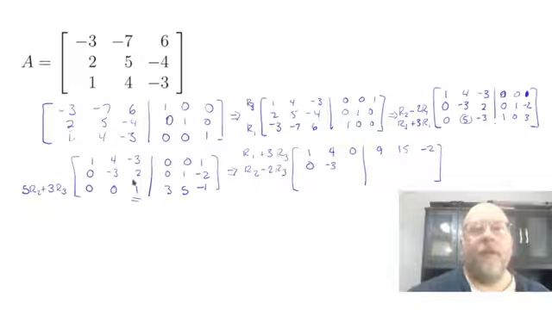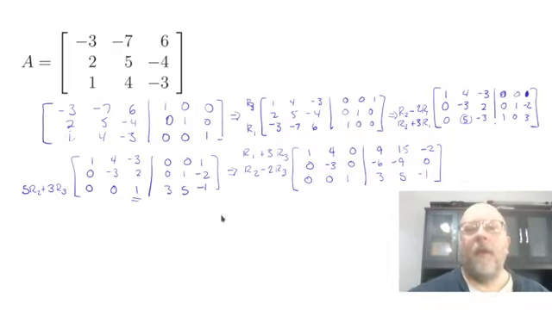Negative 3. 2 plus negative 2 is 0. 0 plus negative 6 is negative 6. 1 plus negative 10 is negative 9. Negative 2 plus positive 2 is 0.